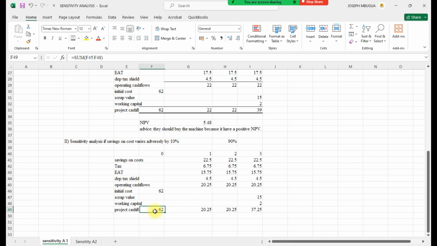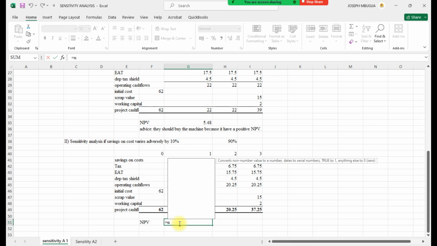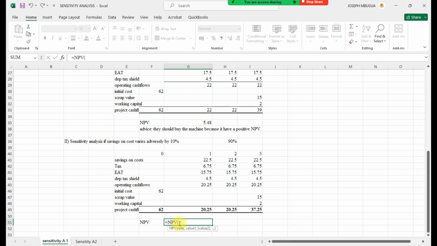And therefore we just calculate our NPV based on the new values that we have. I did not copy even the NPV, but it could have changed. So here our NPV is equals to NPV.